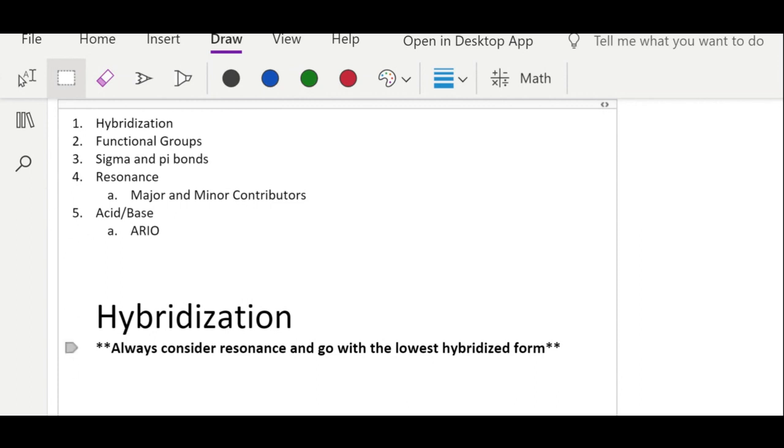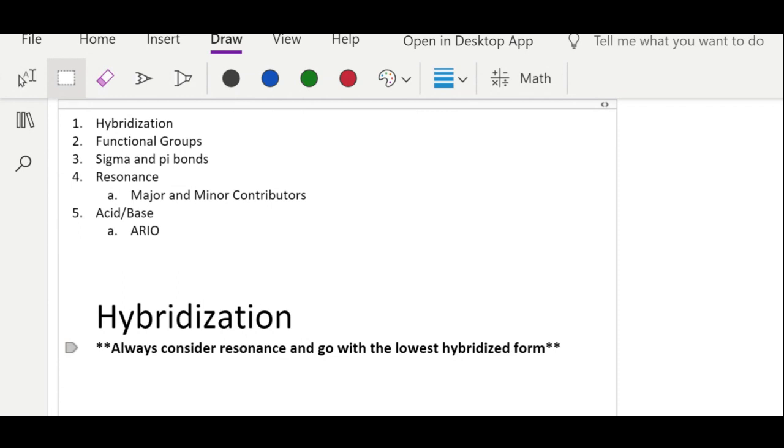Okay. And a little side note that you should remember, and I would hope you write this down somewhere in your notes. Anytime you identify the hybridization of an atom, make sure you always consider, can it resonate? Does it have a lone pair that can resonate? If it does, go with the lowest hybridization form. If an atom has a lone pair that can resonate and the atom turns from an sp3 to an sp2, then go with sp2.